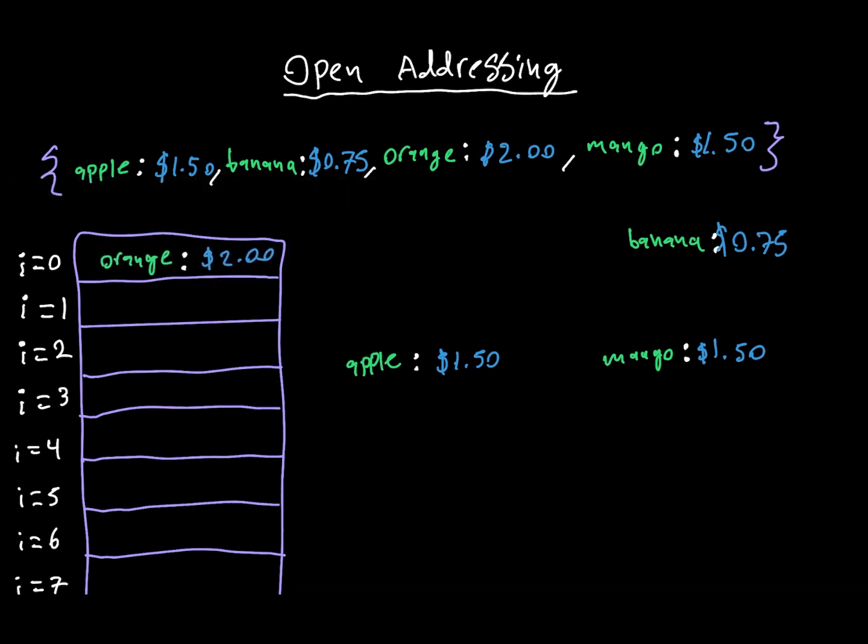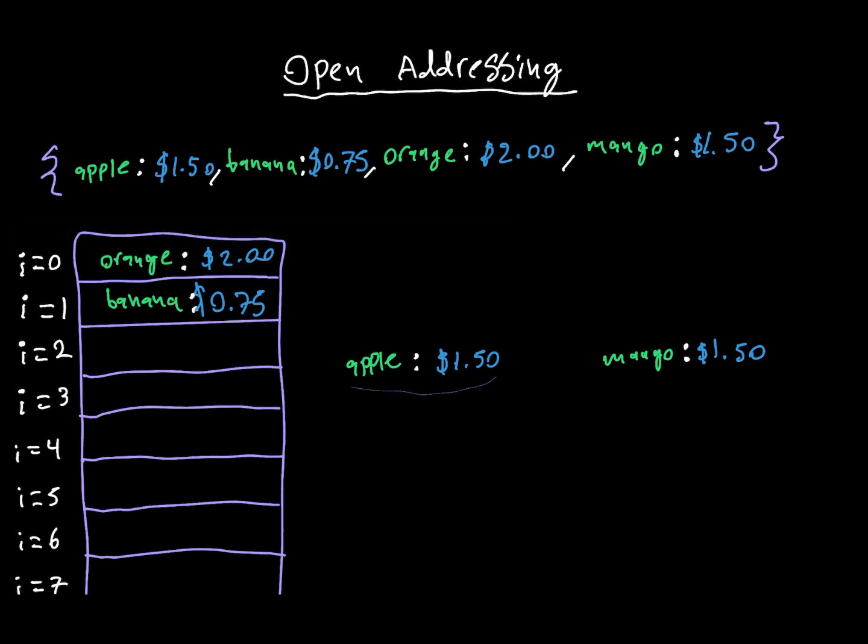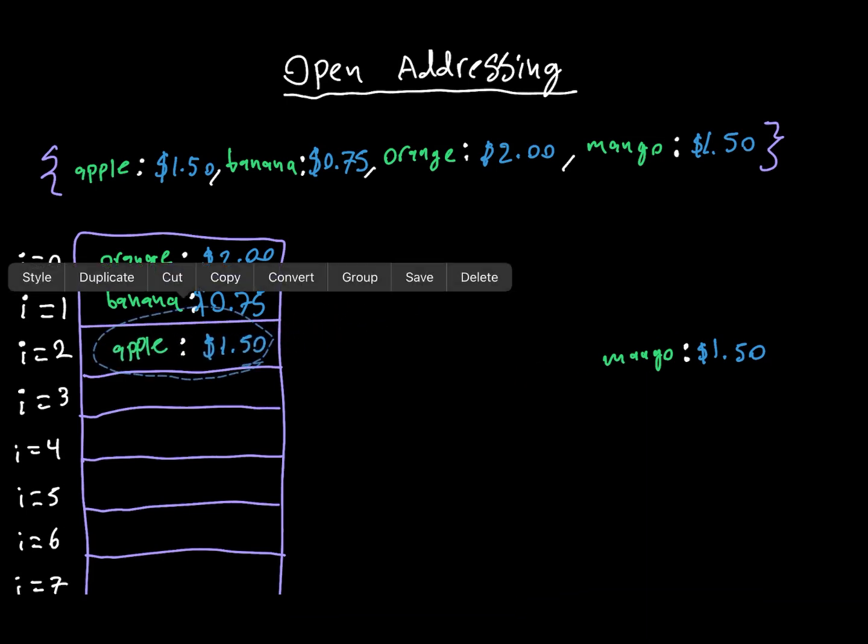We get banana, it gets mapped to index 0 again. We use linear probing to move it down to index 1. We have apple, it's mapped to index 0. We use linear probing. Index 1 is also full. Index 2 is empty, so we can place it there.